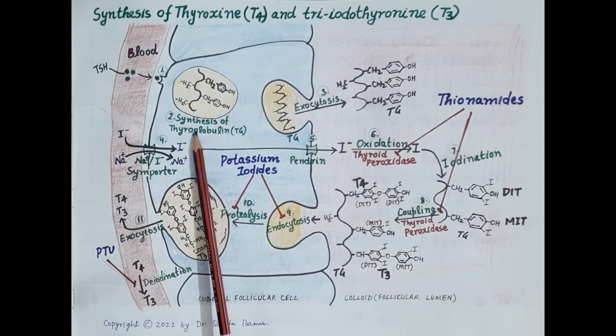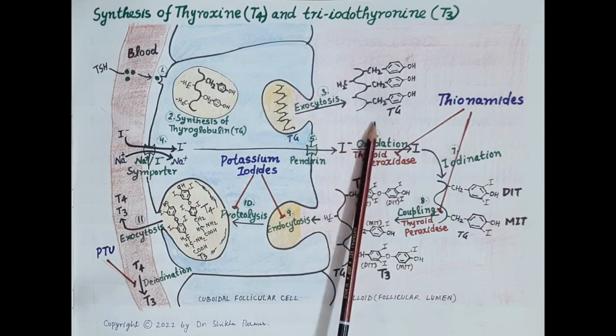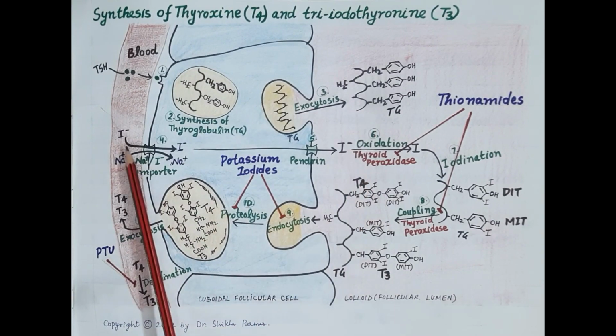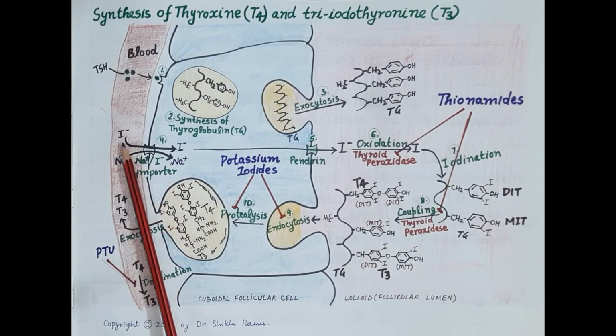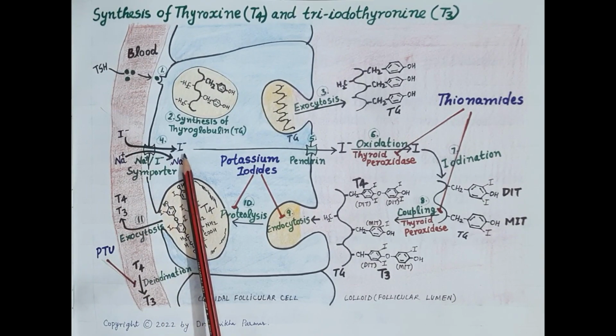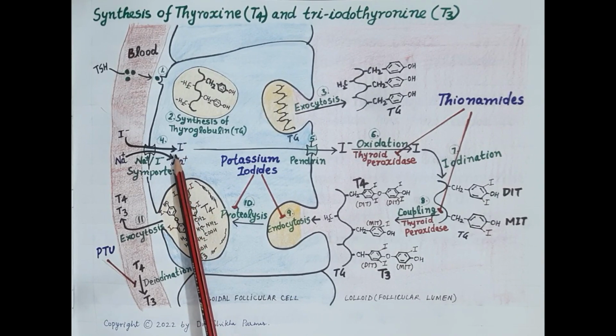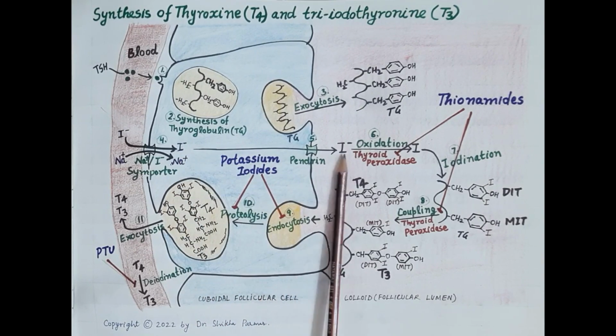Now thyroglobulin is released from the cuboidal cell into the follicular lumen. Now as we all know, iodine is essential for the synthesis of T3 and T4. Now this sodium iodide transporter transports iodide ions from the blood into the cuboidal cell, and these iodide ions are further transported from these cells into the follicular lumen.